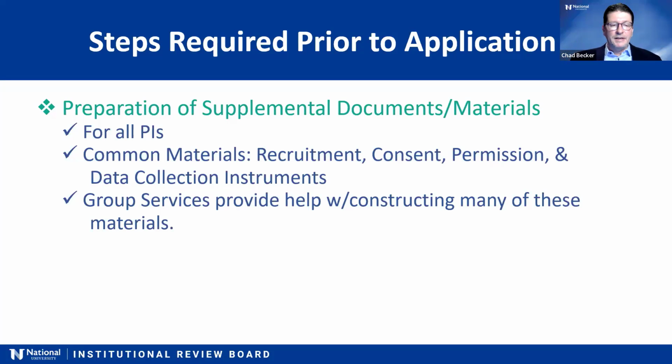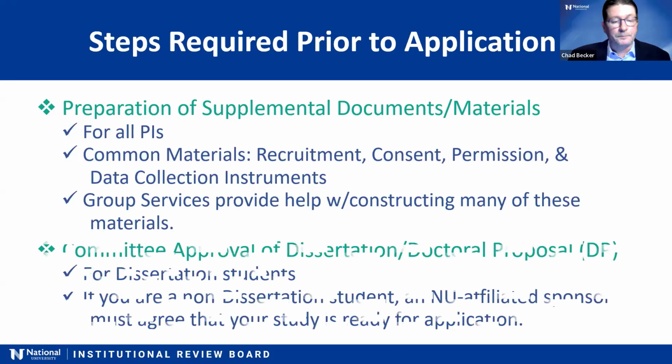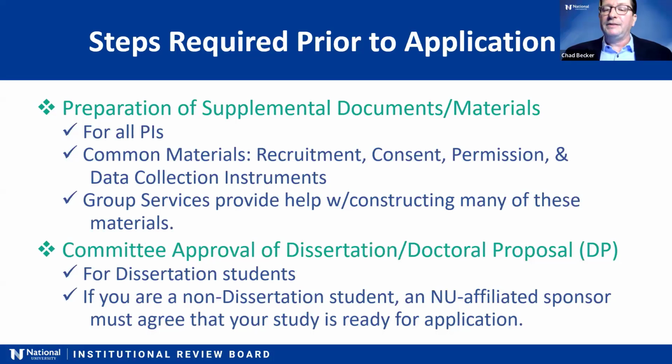The first being for all primary investigators, for all PIs, that you have your documents and materials, your supplemental documents and materials prepared so that you can fully complete your application. And we have those group services that can help you with that. The other thing for dissertation students is that you have committee approval of your proposal. Depending on your program, that's either a dissertation proposal or a doctoral proposal.